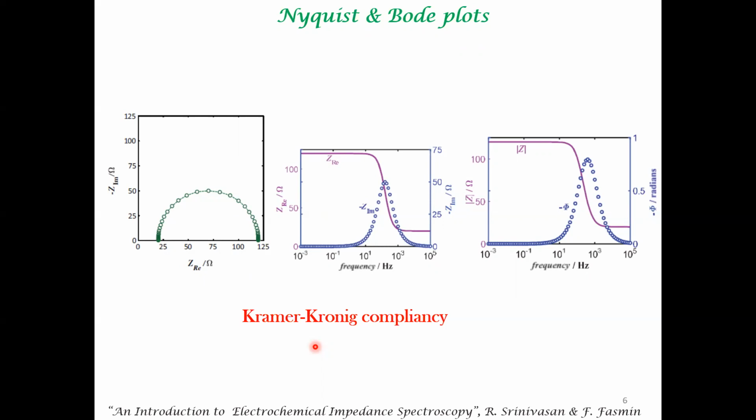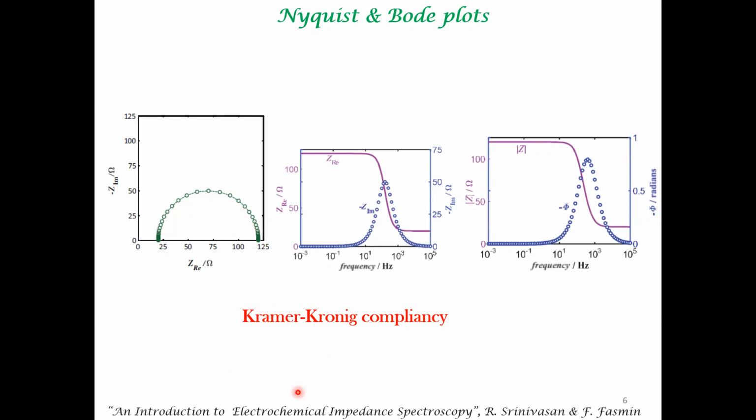For the EIS data to be clean, there is something called KKT, Kramers-Kronig transformation compliancy. To understand this, at least you should be familiar; many times advanced workstations do these things for you. They do the work of checking whether the impedance spectra you measured is KKT compliant. But at least you should be aware of these kinds of intricacies.